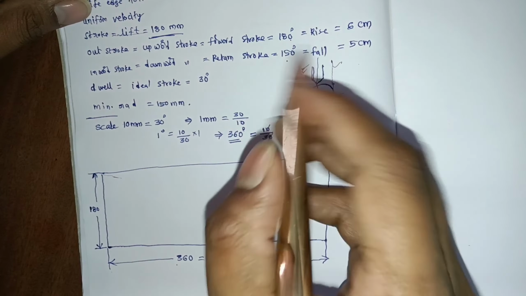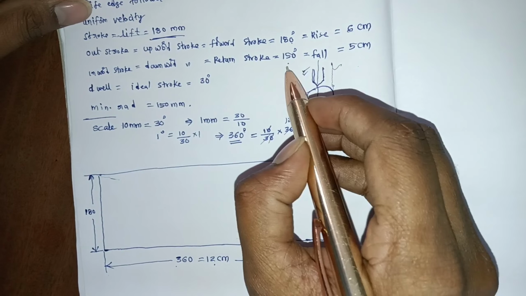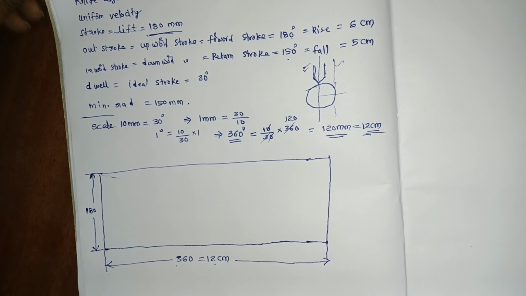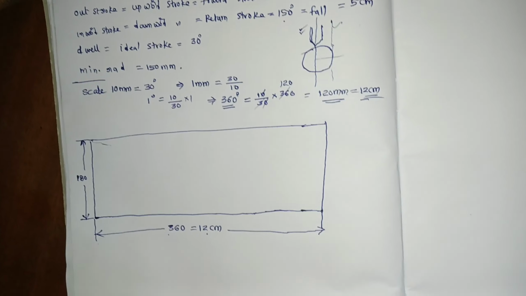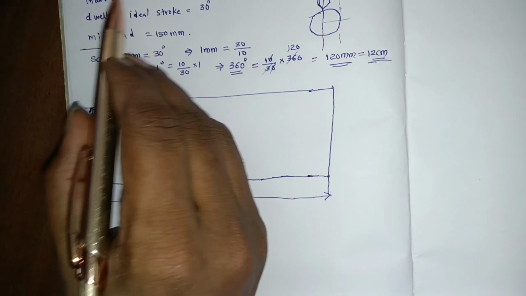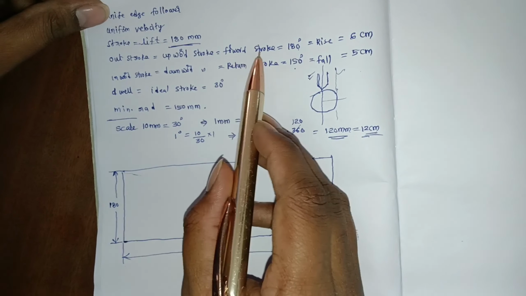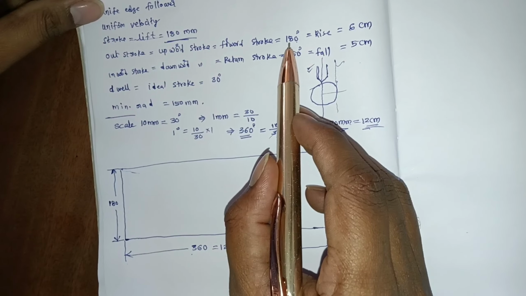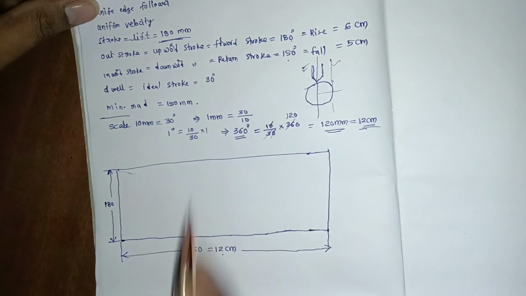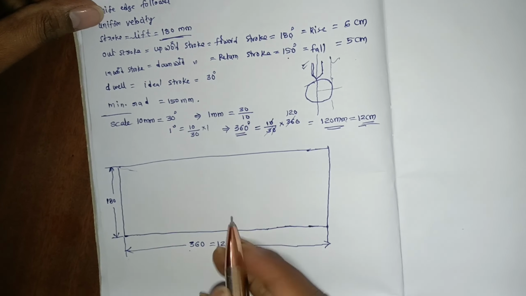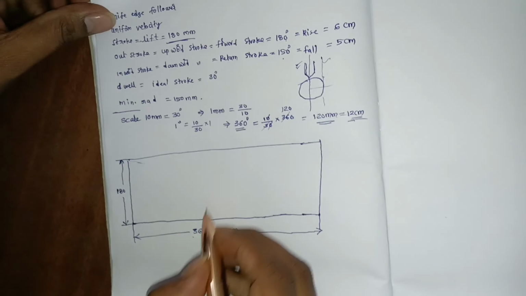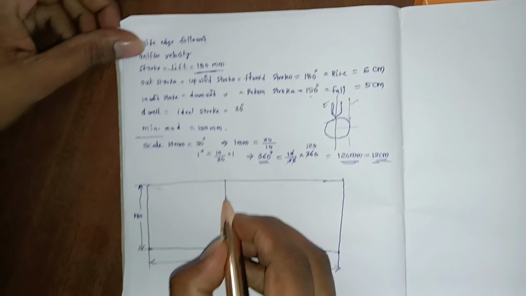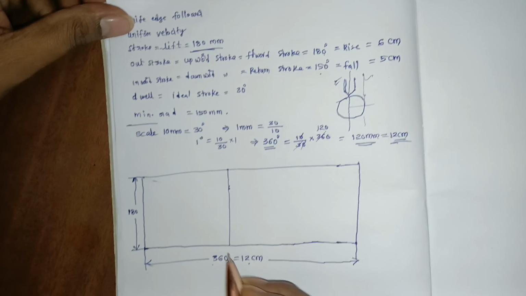You can just divide by 3: 3 sixes are 180, 3 fives are 150. So first of all you take the outstroke or forward stroke or rise, that is 180 degrees, which is 6 centimeters. From this you have to take 6 centimeters.